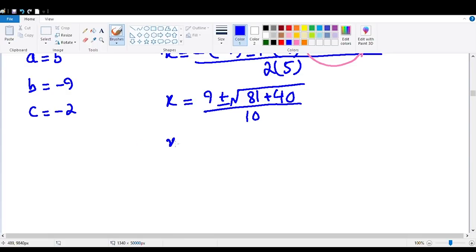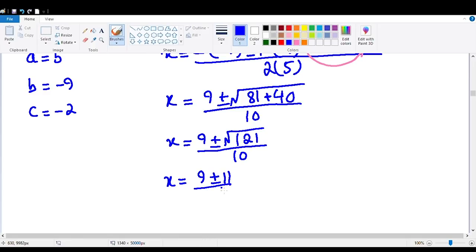So x will equal 9 plus minus 121 under root over 10. So then x will equal 9 plus minus 11 over 10.